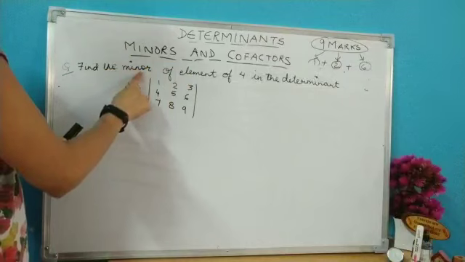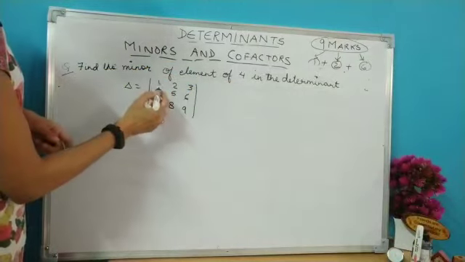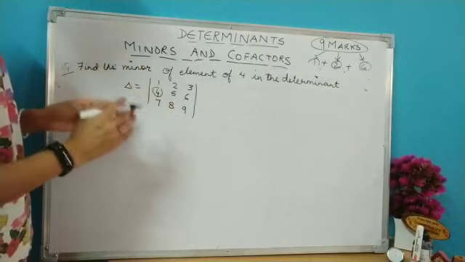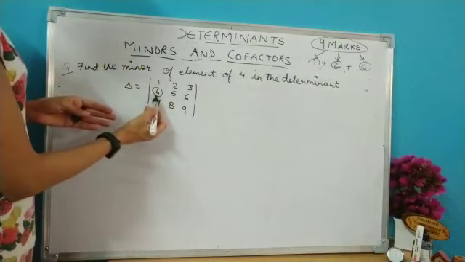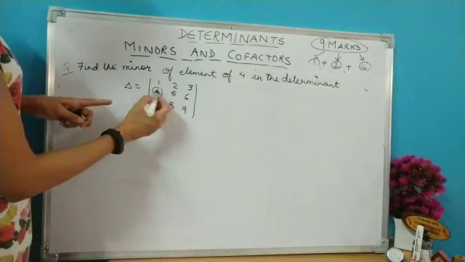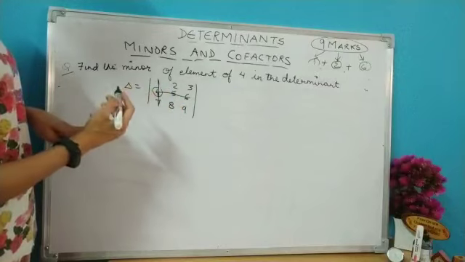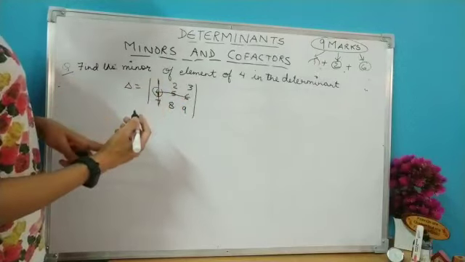Find the minor of element 4. So where is 4? 4 is lying over here. I told you, delete the row and column of this element, and then you calculate the determinant.